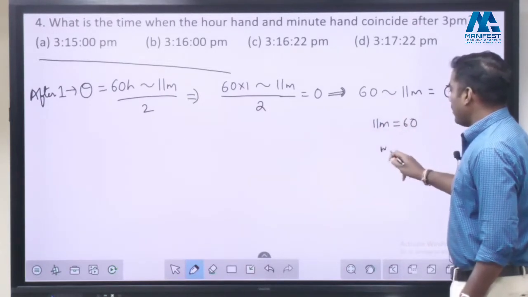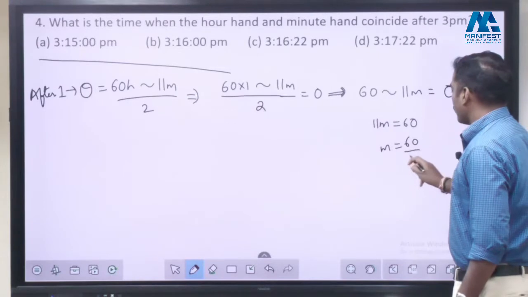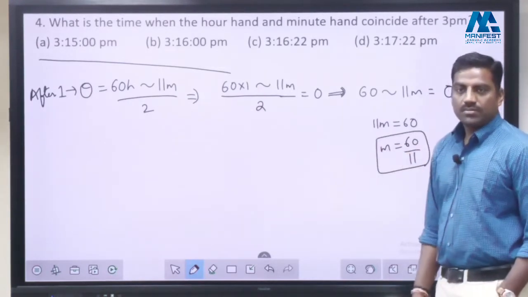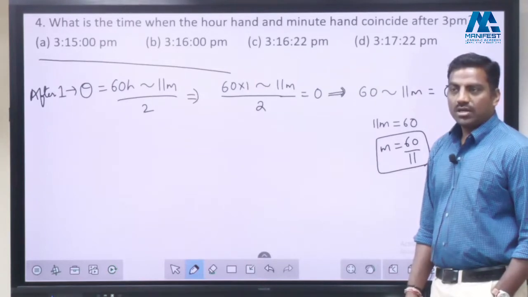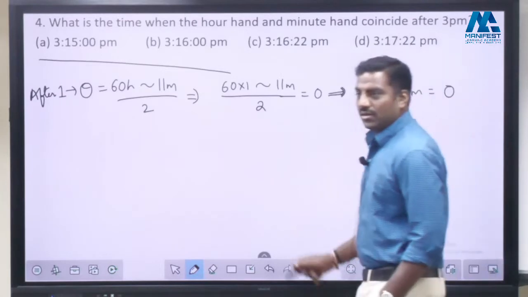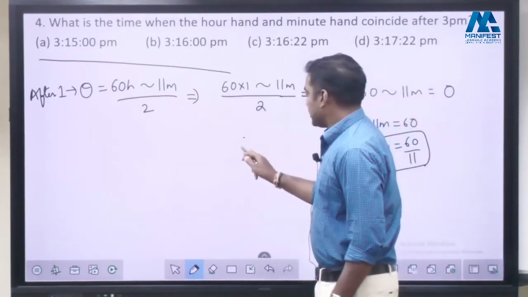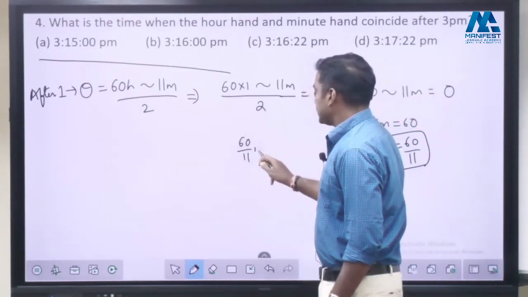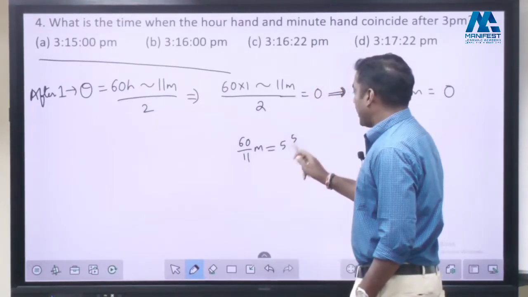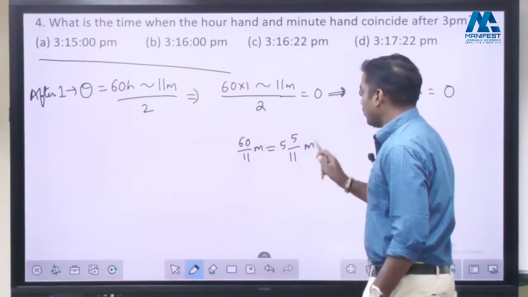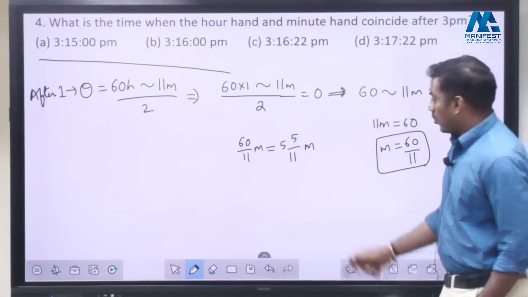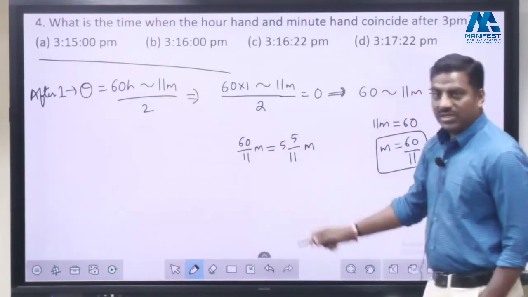So M is equal to 60 by 11 minutes. Can you calculate 60 by 11? This is equal to 5 integer 5 by 11 minutes. So after 5 minutes, this many more minutes we have to wait.